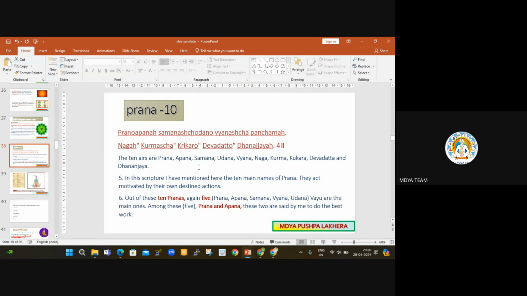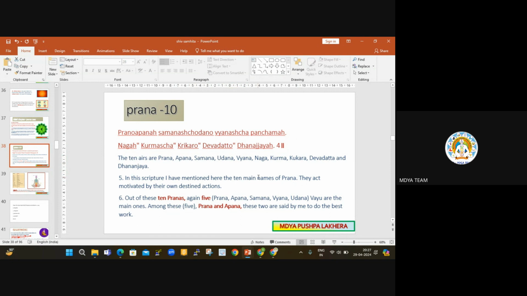As we discussed in the Vasishtha Samhita, where is the place of udana? Can anyone tell me? Where is the actual point? Throat, yes.